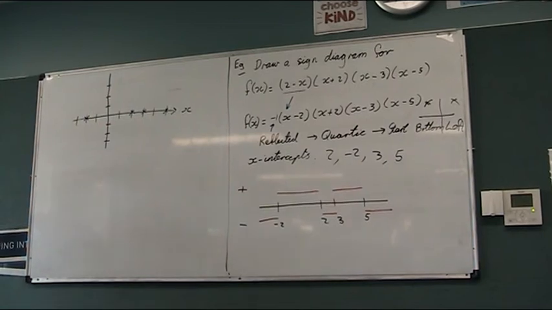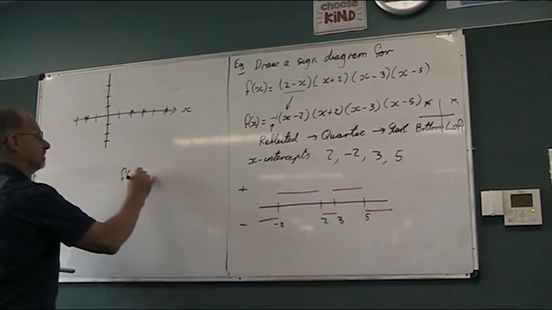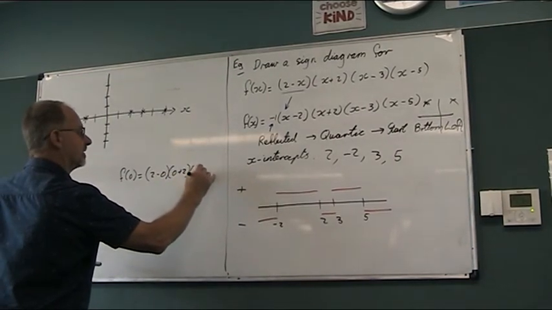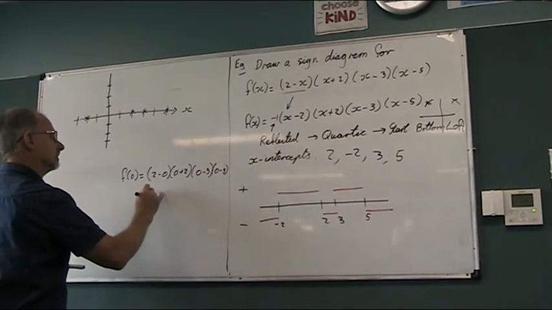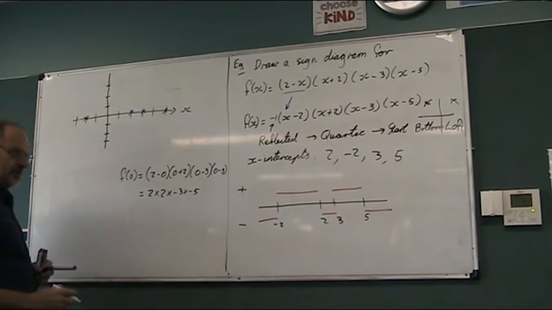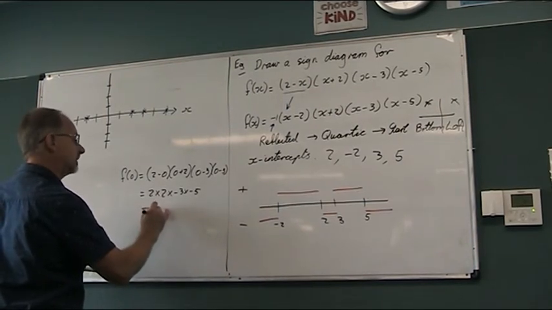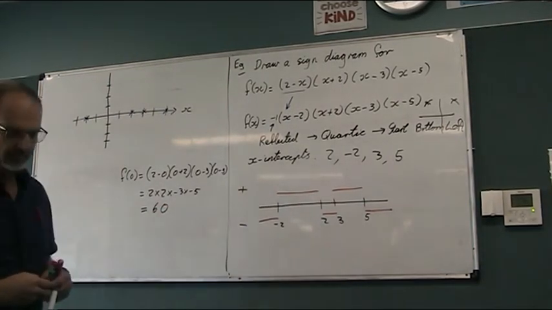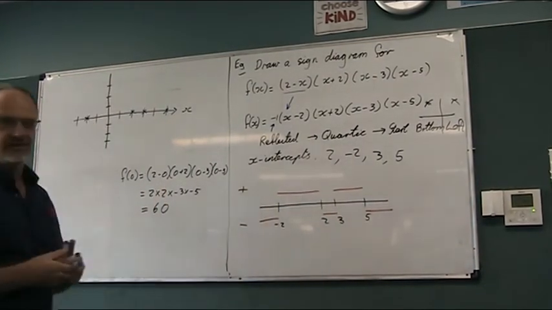And we know, so if we put f of 0, we get 2 minus 0, 0 plus 2, 0 minus 3, 0 minus 5. That's -2 plus 2, which is 2, times 2 times -3 times -5. 2 2's are 4, 3 4's are 12, 5 12's are 60.